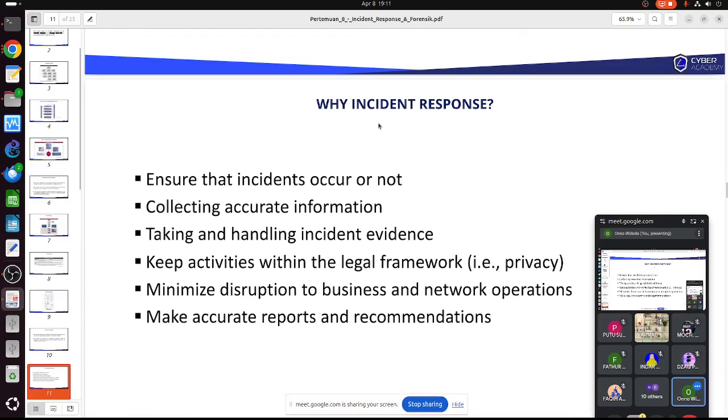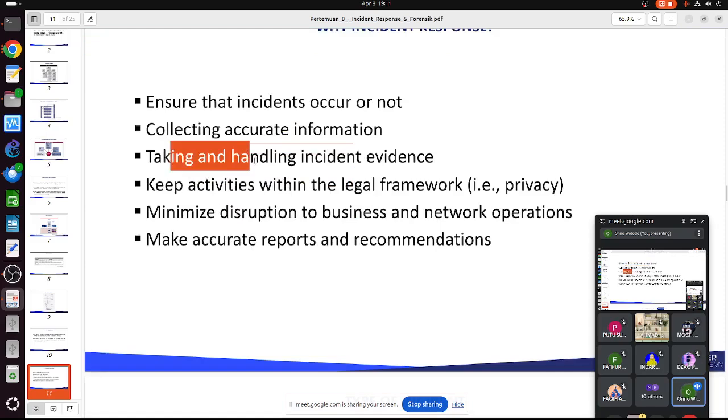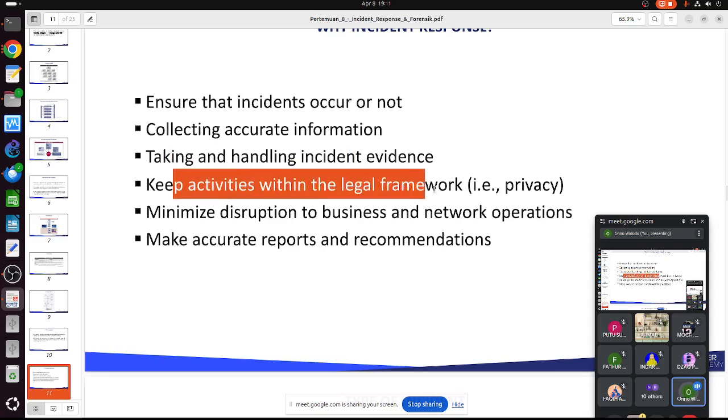Okay, why incident response? This is to ensure whether an incident occurred or not. We need to collect accurate information. This is very important for forensic purposes. Taking and handling incident evidence. Keep activity within the legal framework.